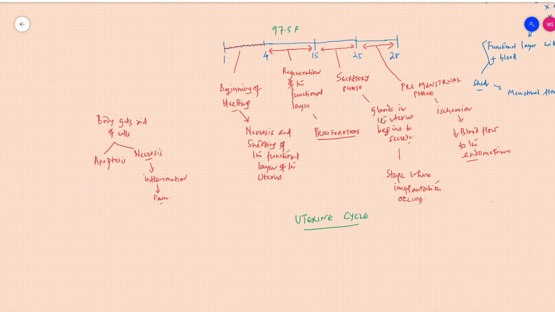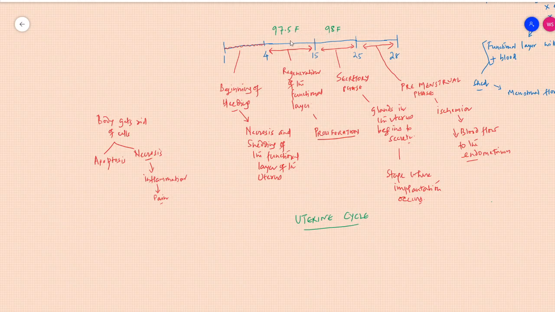In the secretory phase, the body temperature rises, and it reaches 98 Fahrenheit. This was previously utilized for birth control, knowledge about this change in temperature.